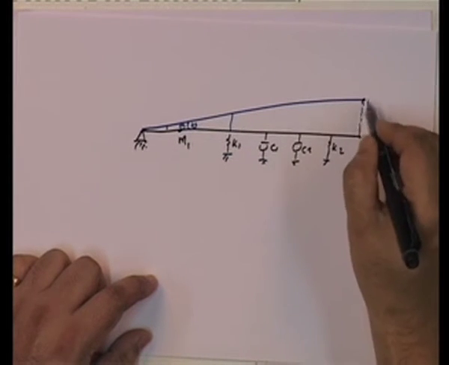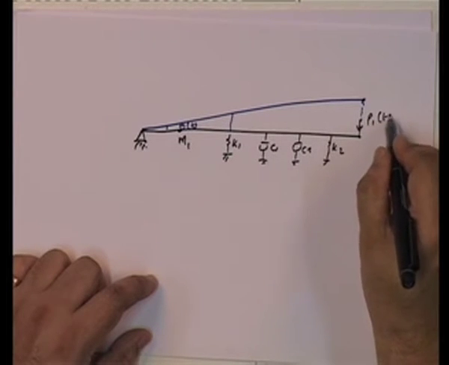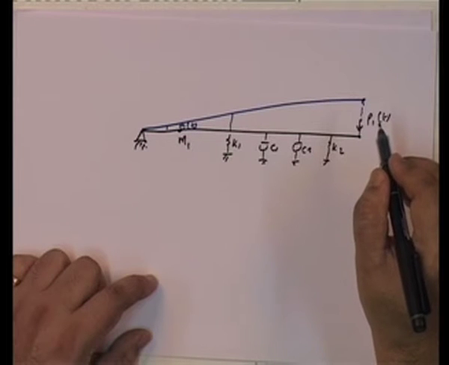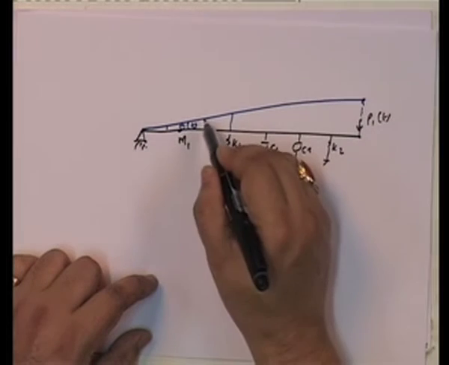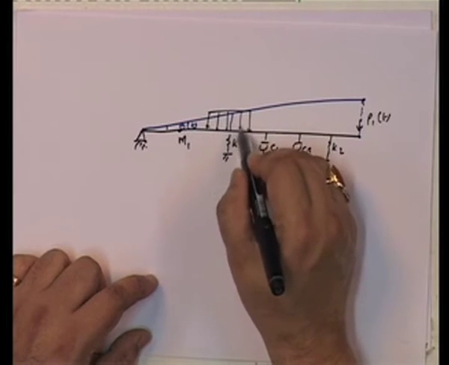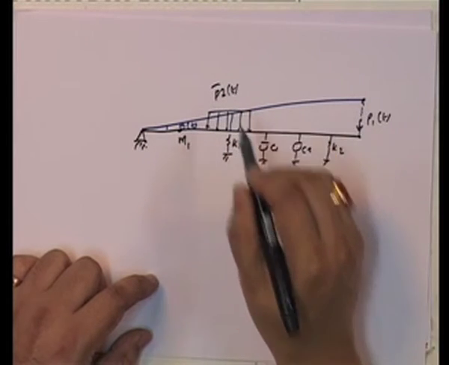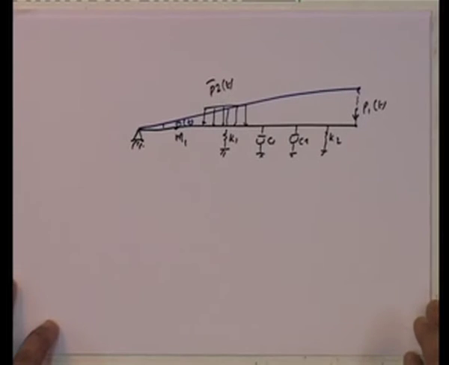The load is here. And what do we have? The other load is here, and this is P bar 2 t. Now, let us look at it.